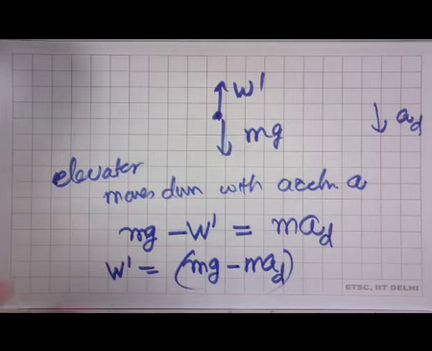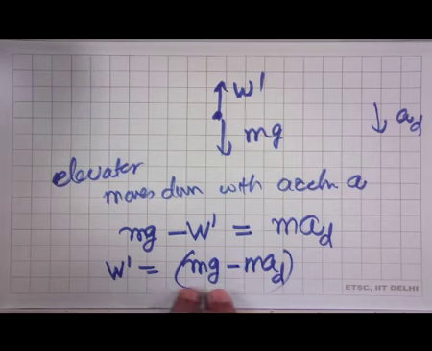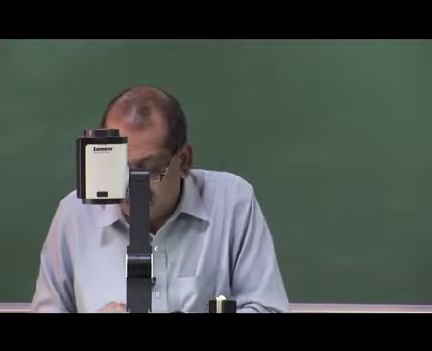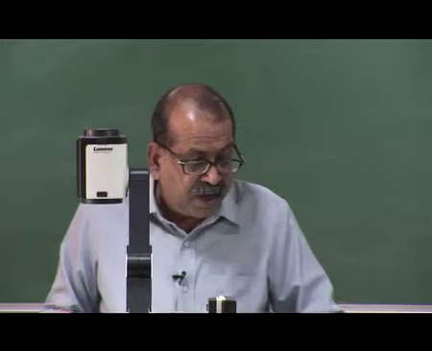So, now when the elevator is moving down, the same weighing scale shows a reading of mg minus m times a_d. So, it shows as if the person has lost weight. This one has to keep in mind. Therefore, the same scale shows as if the person's weight has changed.